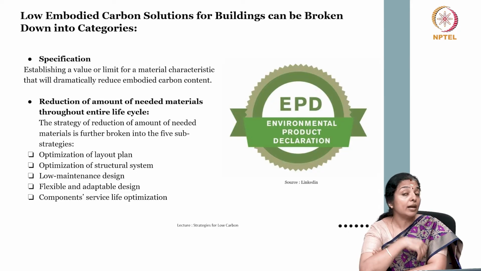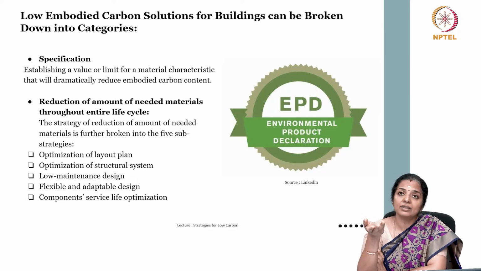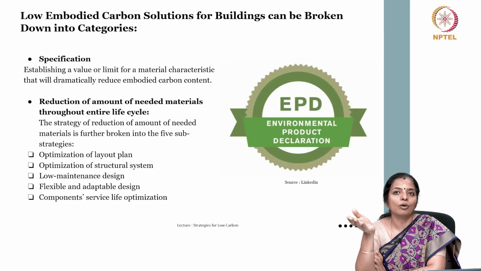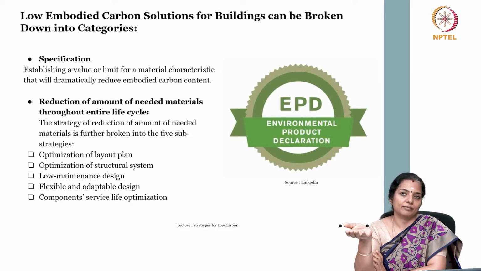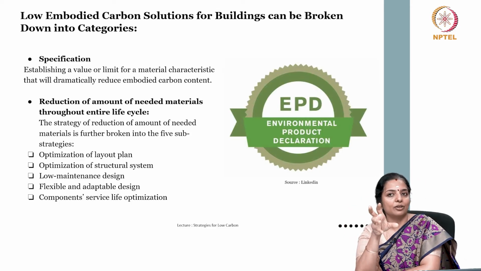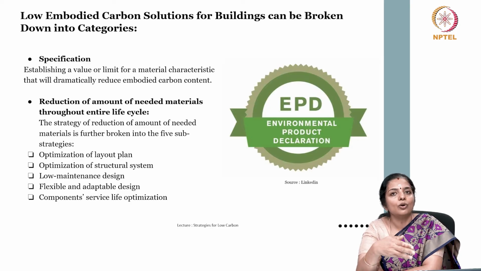Also during COVID times, another thing that came in was hygiene. So flexible and adaptable design will go a long way in reducing embodied carbon by us not trying to alter the buildings. The components' service life optimization. So whatever component you use, it should have a longer life.